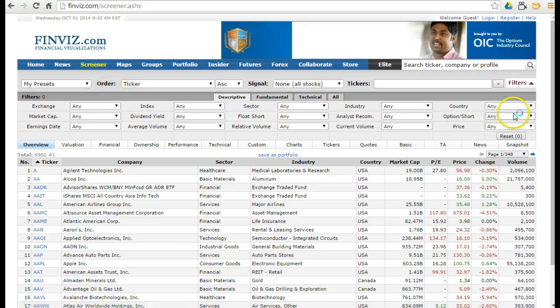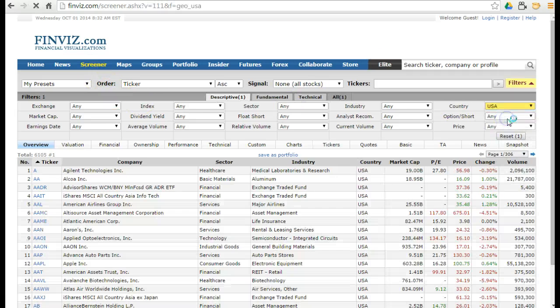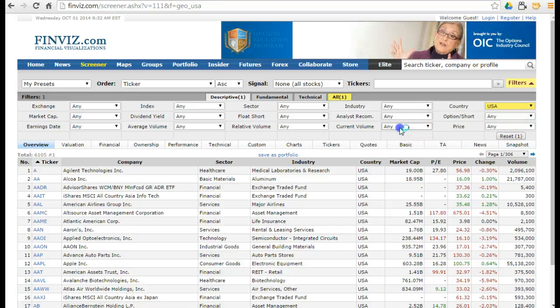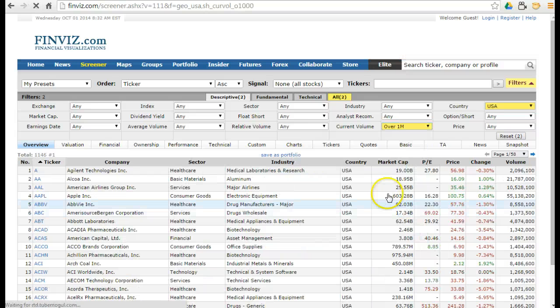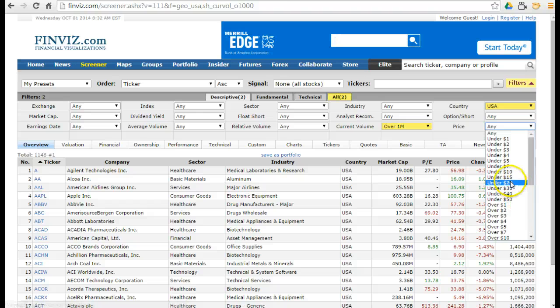Once we get to the screener, we're looking for USA traded stocks. We want to see volume over 1 million to start off here. We want the price to start off going over $20 a share.